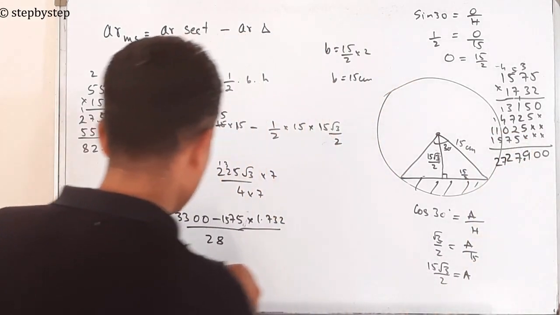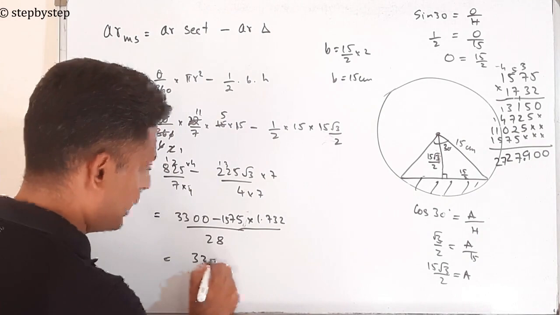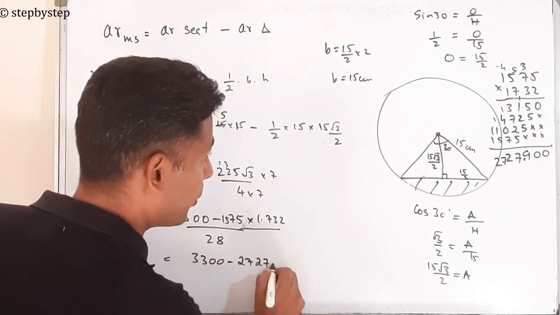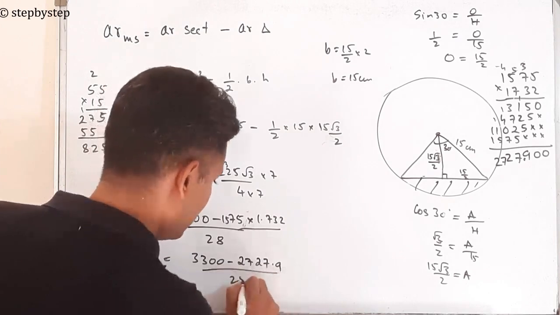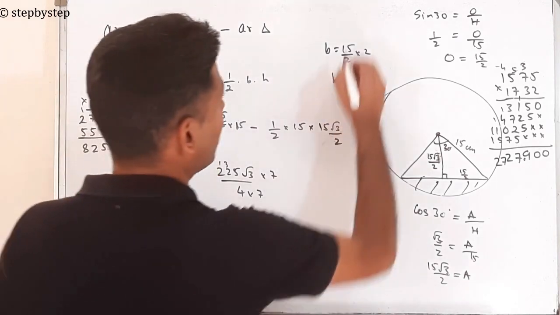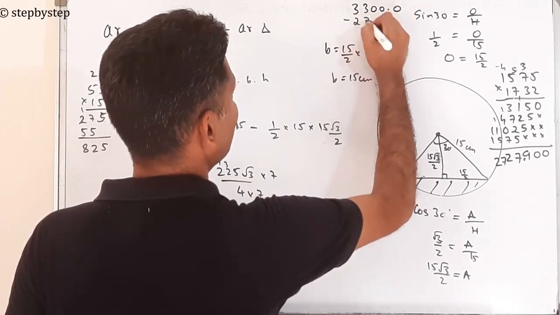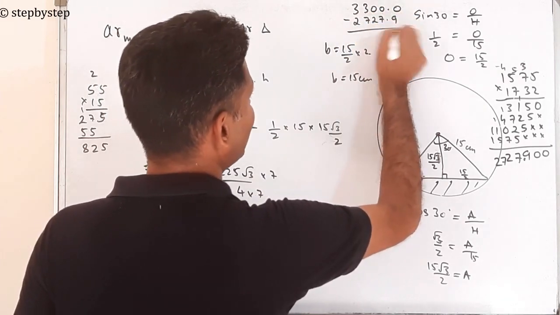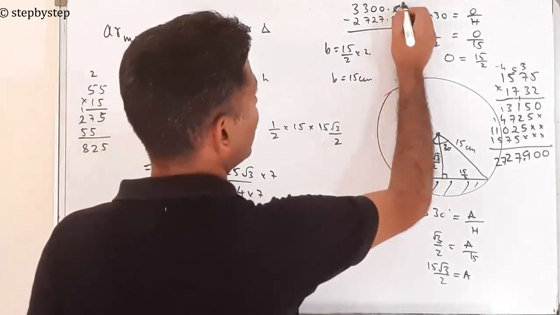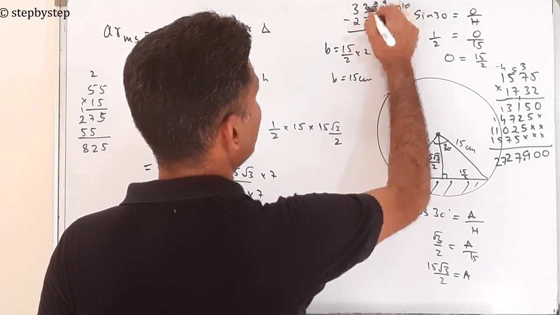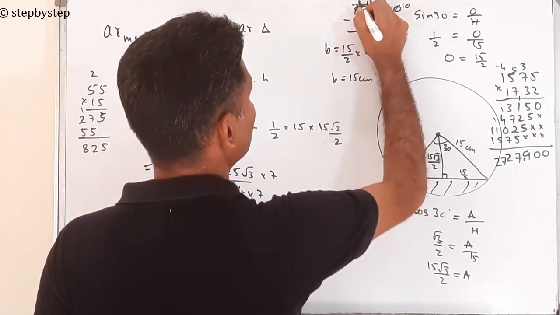So what do we get? 3300 minus 27.9 by 28. So now we have to do 3300.0 minus 27.9. So here it has to become 10, so it becomes 1. Here it will be 9, here it will be 9, here it will be 12, and here it will be 2.